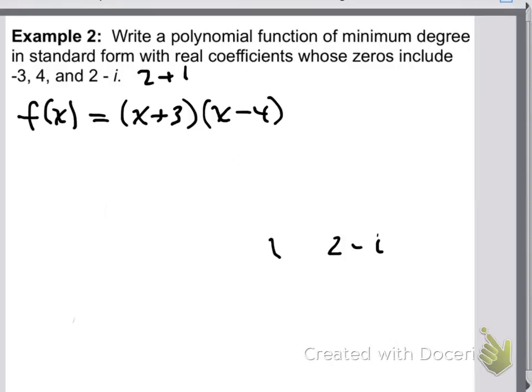So we know that x equals 2 minus i, so x minus 2 plus i is going to be a linear factor.